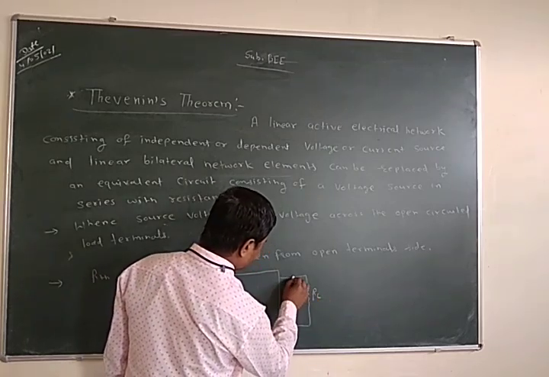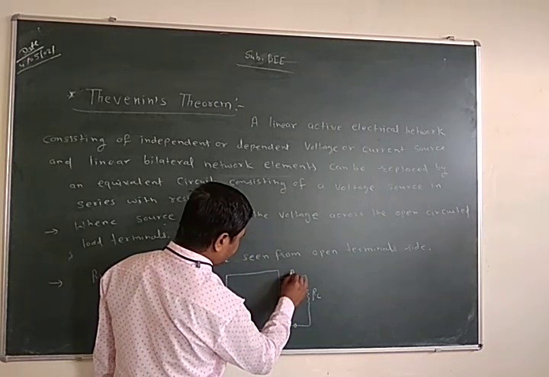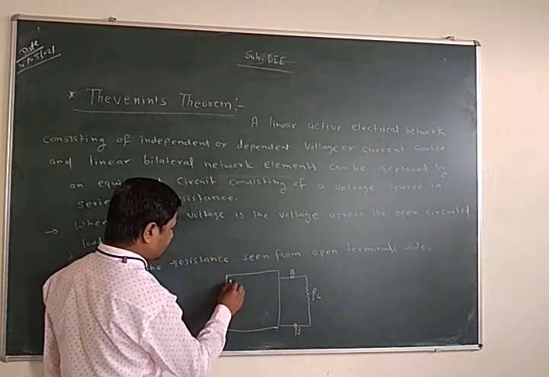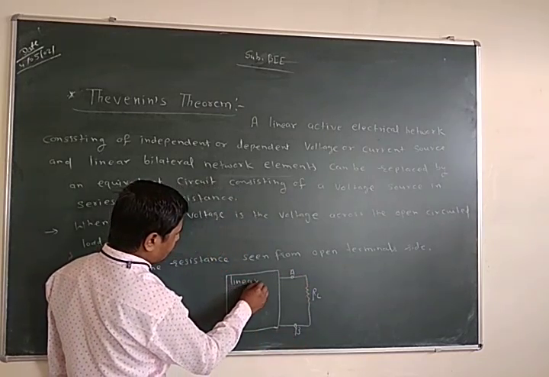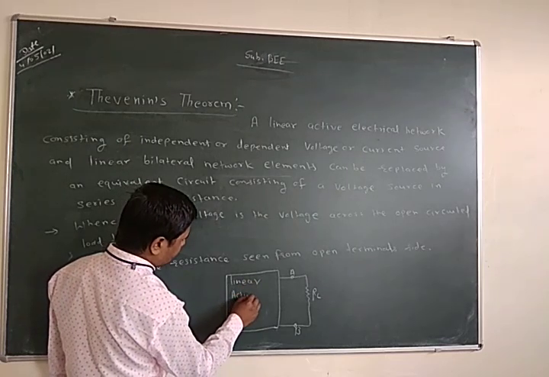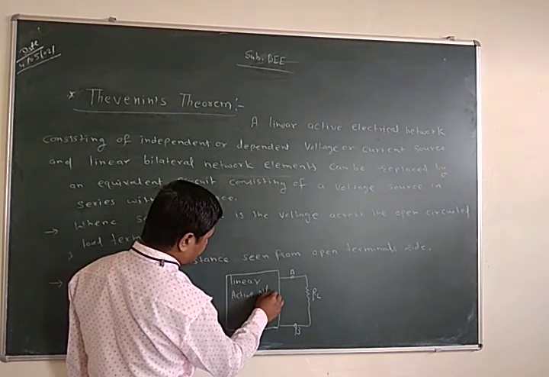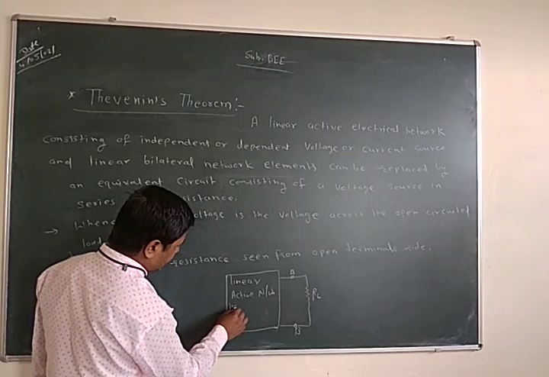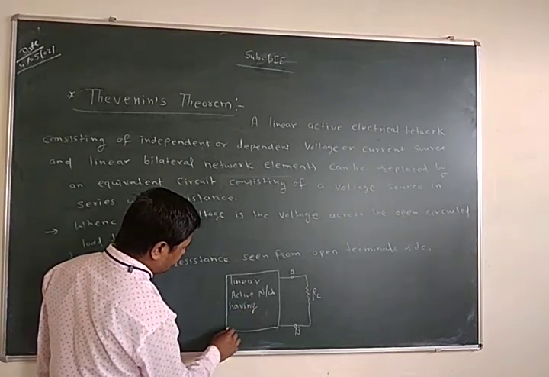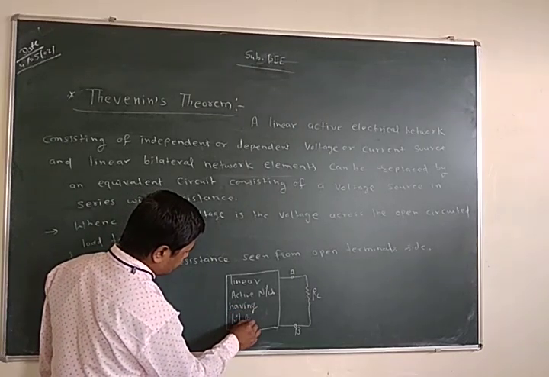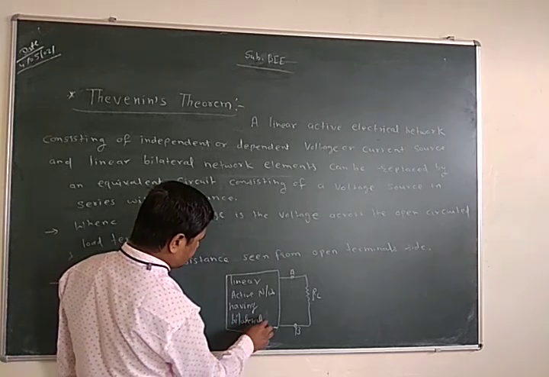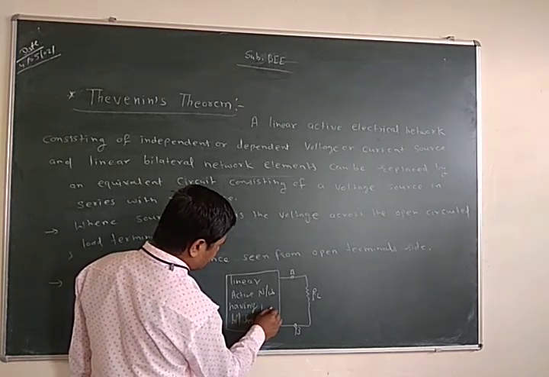Simply, this is the load resistance across AB terminals, and this is a linear active network having linear bilateral elements.